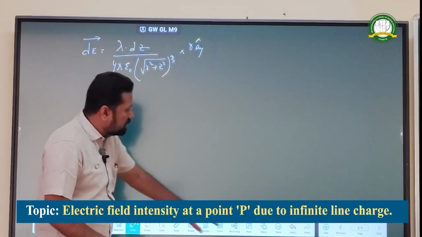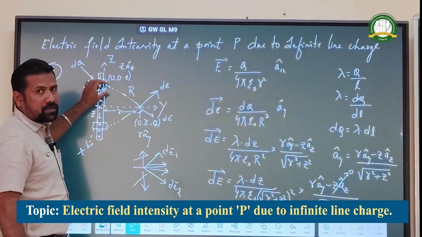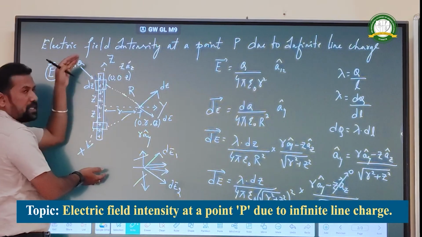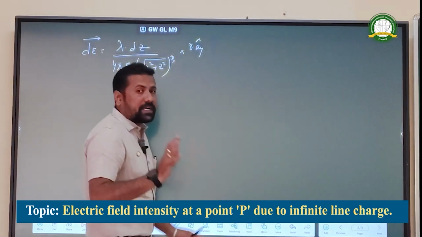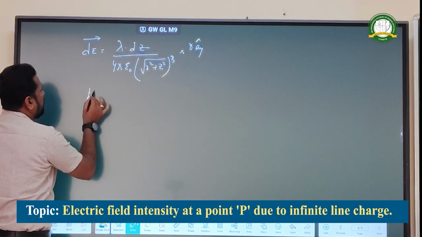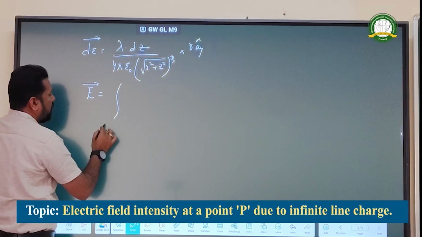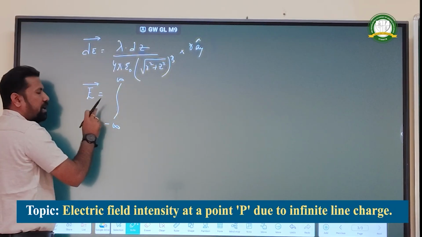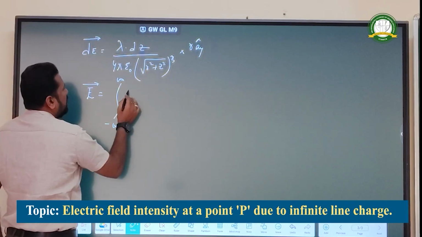But here in this diagram we have considered a small differential segment. So by doing integration from minus infinity to plus infinity, it is possible to calculate the total electric field due to infinite line charge. So E vector is equal to integration from minus infinity to plus infinity. Here I am going to integrate to find the total electric field from minus infinity to plus infinity.